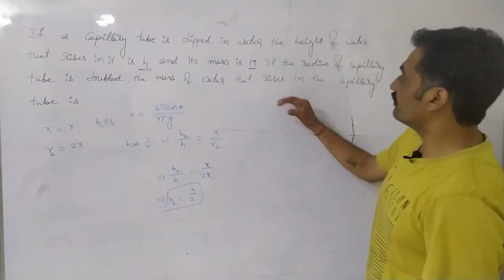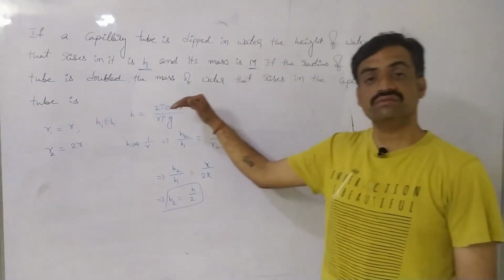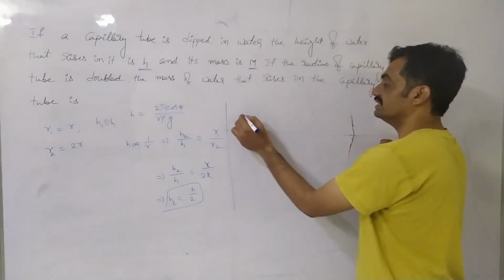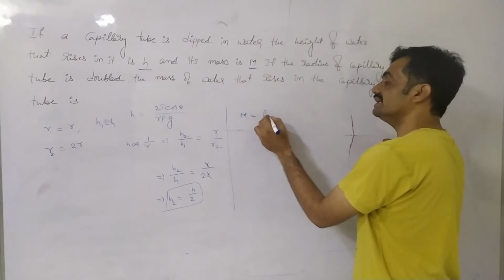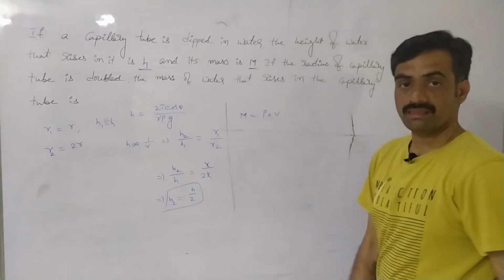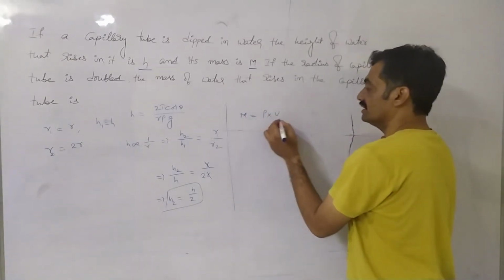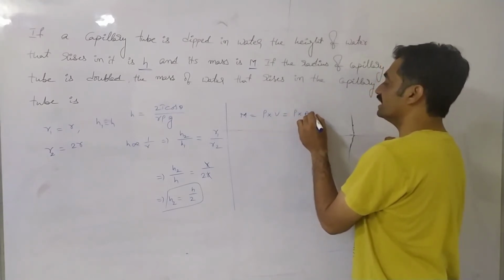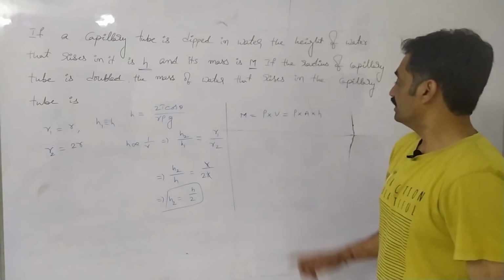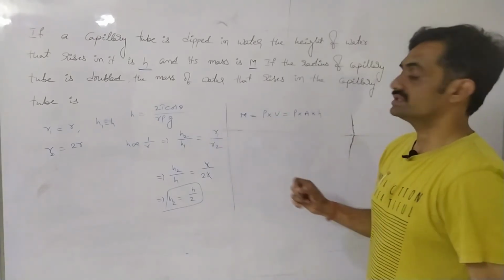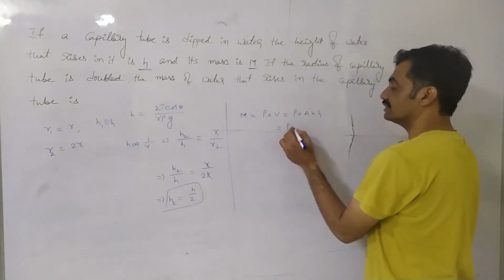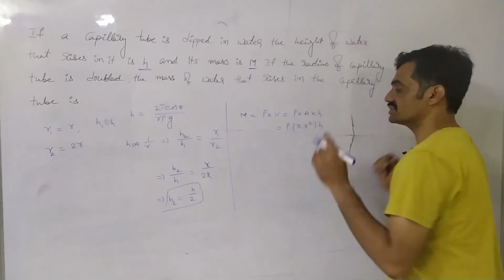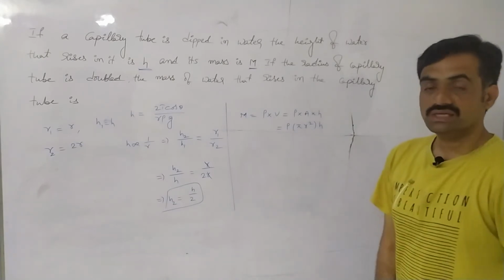Now we have to find the mass of the liquid within the capillary tube. We know that mass is equals to density into volume, whereas density into volume can also be represented as density into area into height. So mass m is rho into pi r square into h.